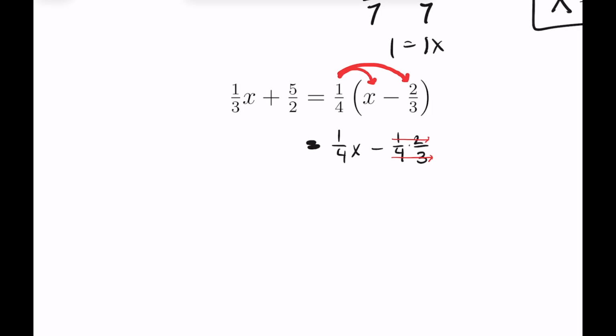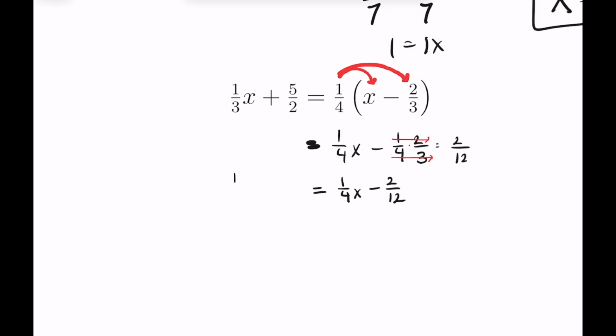So this will become 2/12. 2/12 does simplify down a little bit. We could do that, or we can leave it for now. That's fine. So what I have is 1/4 x and then minus 2/12.